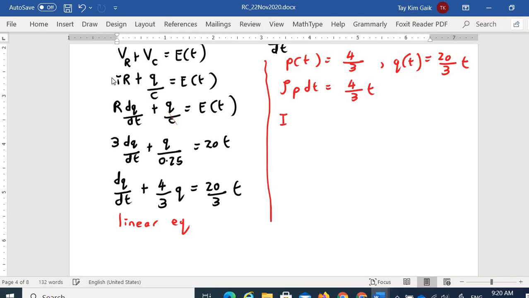The integrating factor, exponent of integral p dt, is exponent 4 over 3 t. So the solution will be your integrating factor. Now we want to solve for q. So the integrating factor times q equals the integral of the integrating factor multiplied by q(t) dt. This is charge q, the heavy capital Q.